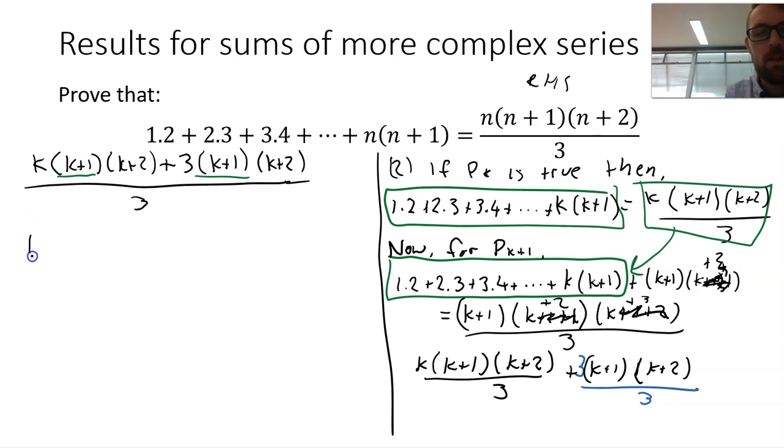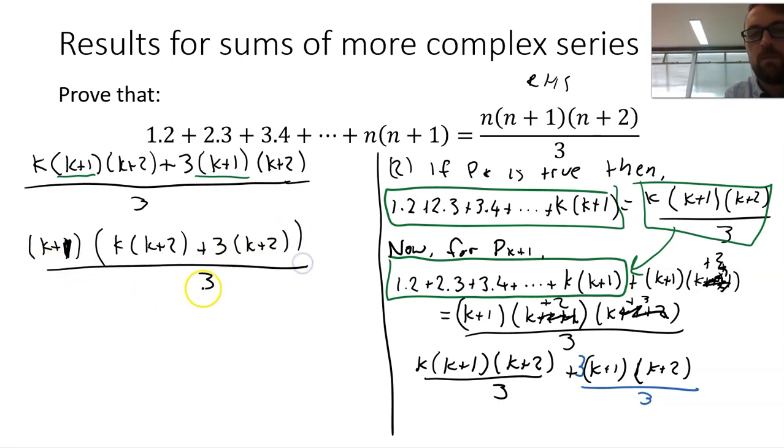So we can say, all right, because k plus 1 is on both, we can factorize that out and see what we're left with. Okay, so we're left with k times k plus 2 plus 3 lots of k plus 2, because I've taken out those two underlying green things, all divided by 3.